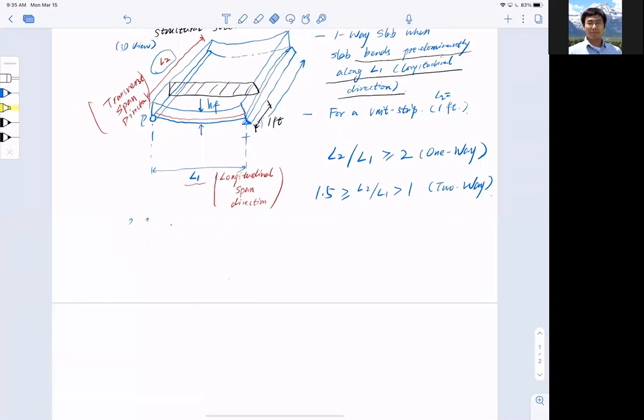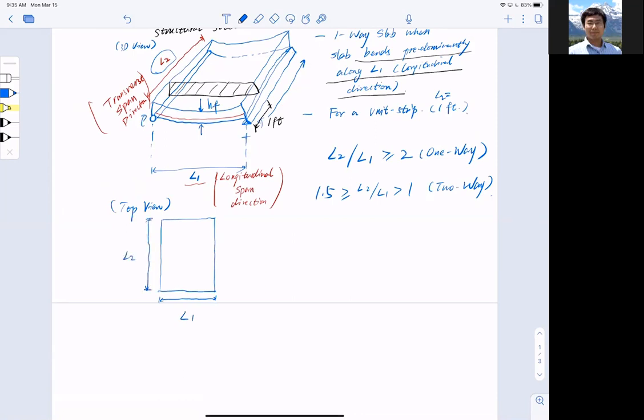Apologize, because I want to do the ratio correctly. One-way slab top view, meaning I have a longer side, this side, and a shorter side, this side. So this is my L1, and this is my L2.